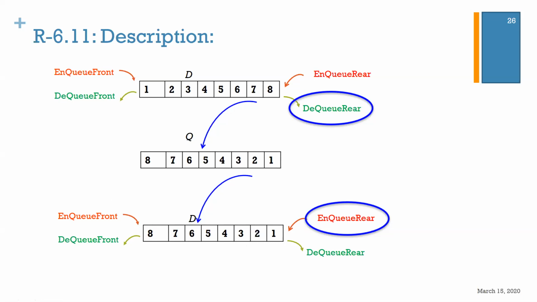You can use this for DQ from the front, but it should be NQ at the front again here. Also, you will get the same order. Clear, everybody? Okay. It should be the same, but this is the standard Q, single Q, not double-ended Q.